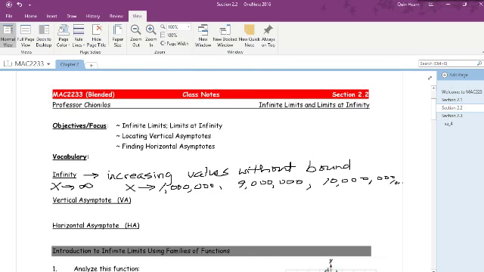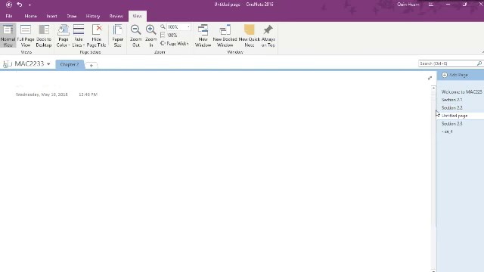Okay, a vertical asymptote is a vertical line on a graph which the function gets very close to but doesn't cross. And a horizontal asymptote is a horizontal line on the graph which the function gets very close to. It is possible that the function crosses a horizontal asymptote, and we'll talk about why in a minute.